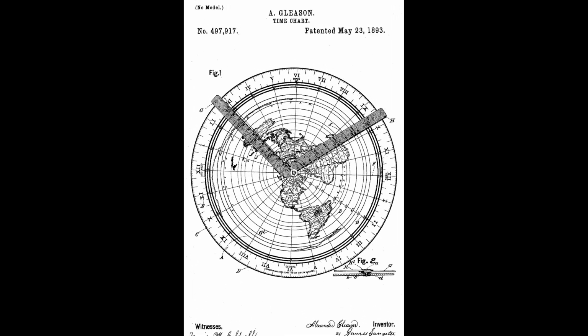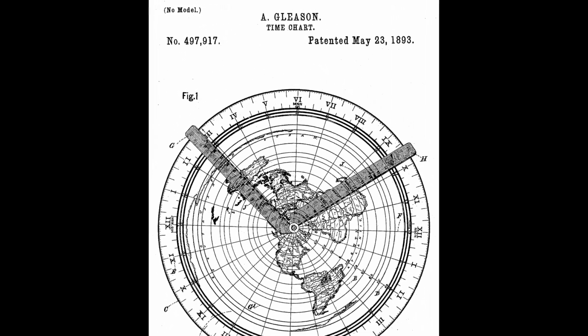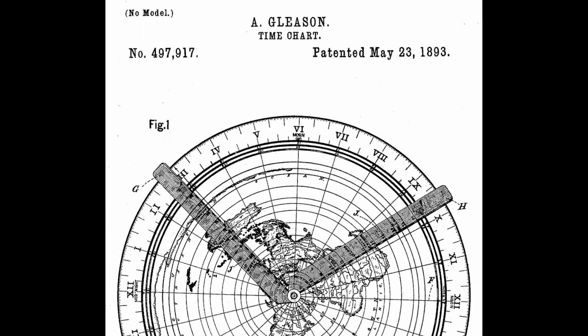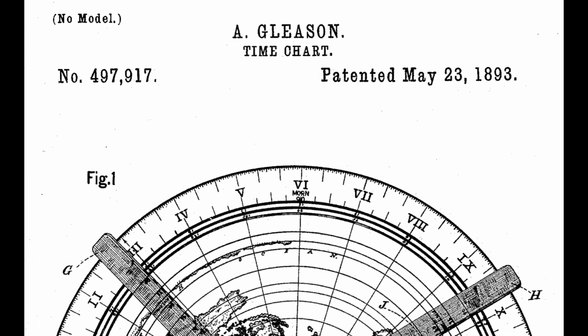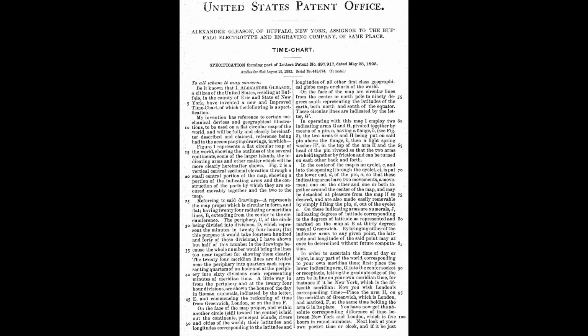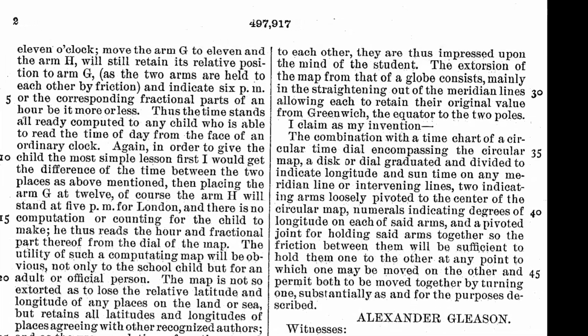US patent number 497917 by Alexander Gleason. The patent for his time chart. Yes, you heard that correctly, time chart. It's not even a map. He explains long and wide how and why it was created, how it works and what to do with it. And guess what, Benjo? Navigation is not one of its uses. You can find the patent for yourself and read all about it. But wait, there's more.